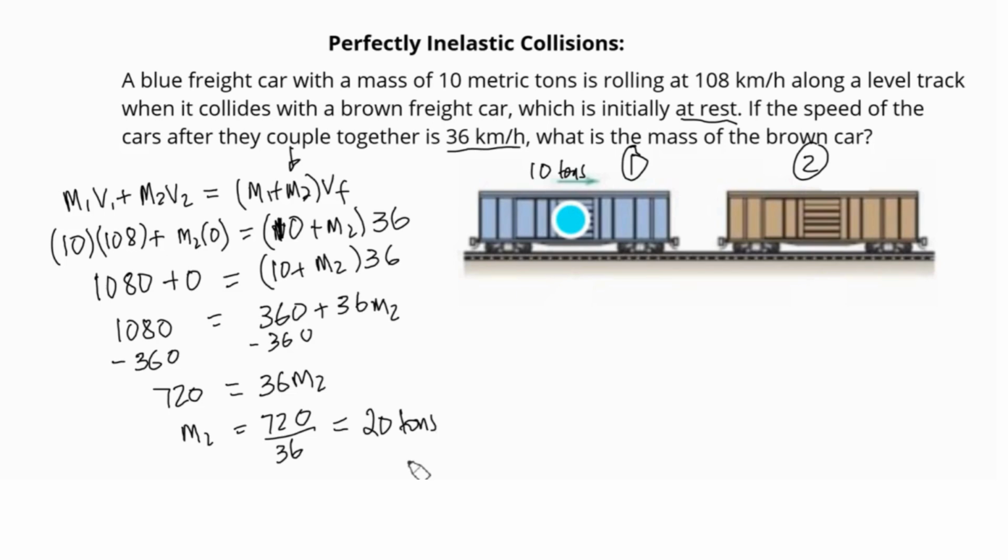Now, because we are not looking for momentum itself, meaning we don't need to find anything in kg·m/s, we don't need to go through these conversions here. Had the question asked for the total momentum of the system before or after, or at any point during the process, or the momentum of a certain car, then we really don't have a choice but to convert this to meters per second and this to kg.